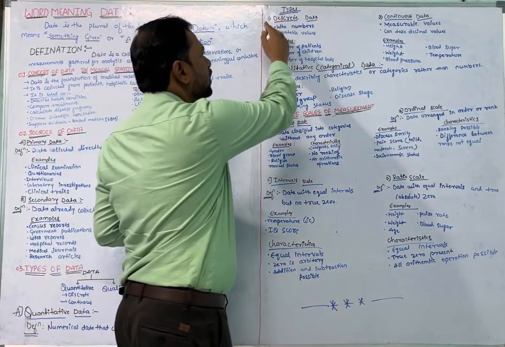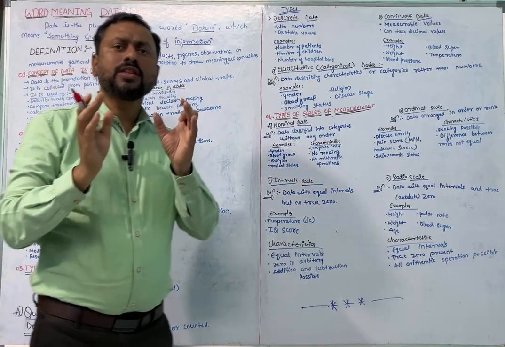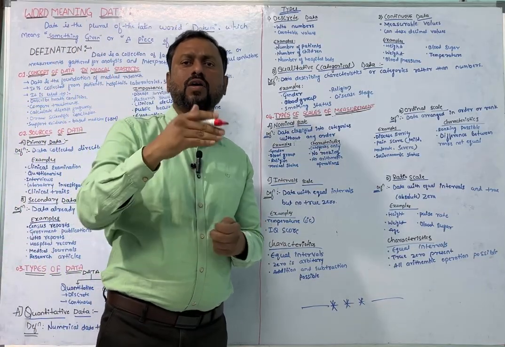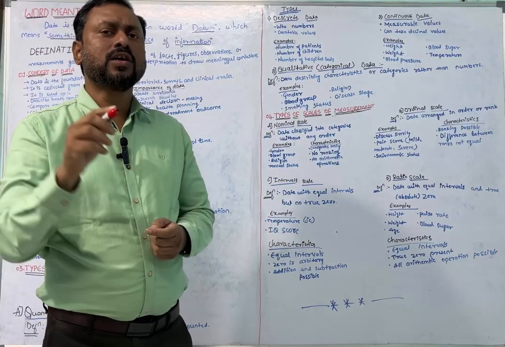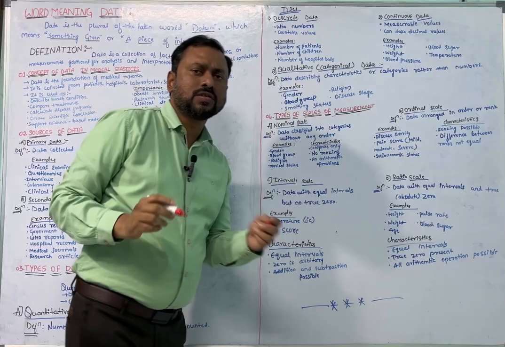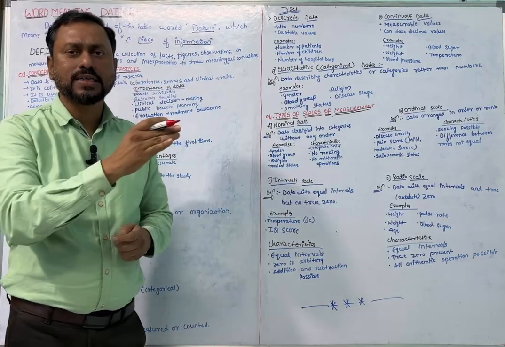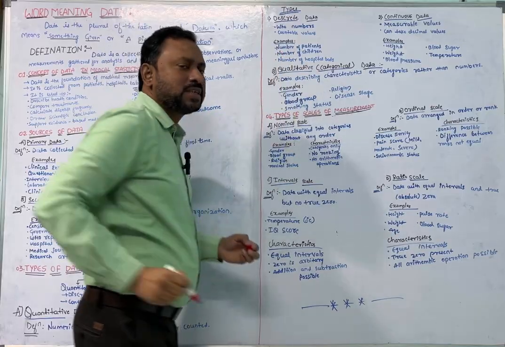Discrete, first of all. Discrete data is nothing but whole numbers only we are collecting, like 1, 2, 3, 4, 10, 20, like that. Whole numbers only, not in decimal form. Only countable values we are collecting. This is called discrete data. The example is number of patients.